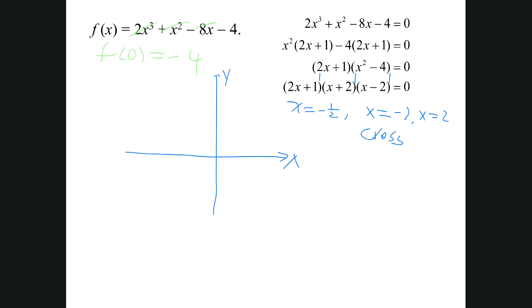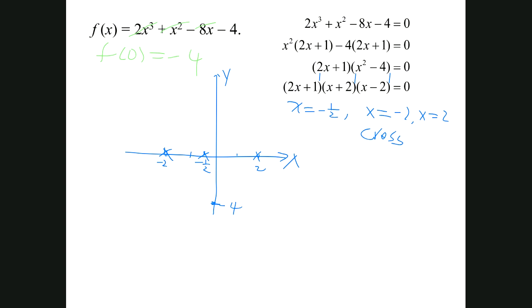So if I have a -4 in here, and then this is -1/2, and then this will be -1, -2 in here, and then this will be 1 and 2 in here. So this is all crossing in here. So what does crossing mean?